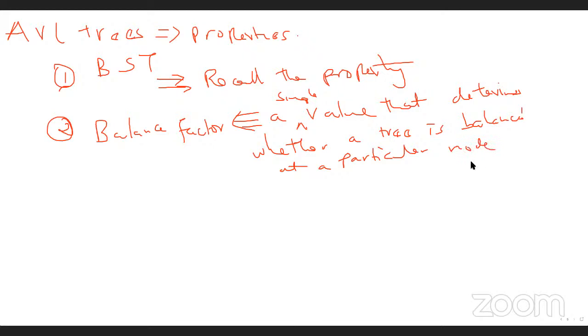So we have a balance factor. I'll call it BF here. BF is a single value that determines whether a tree is balanced at a particular node.